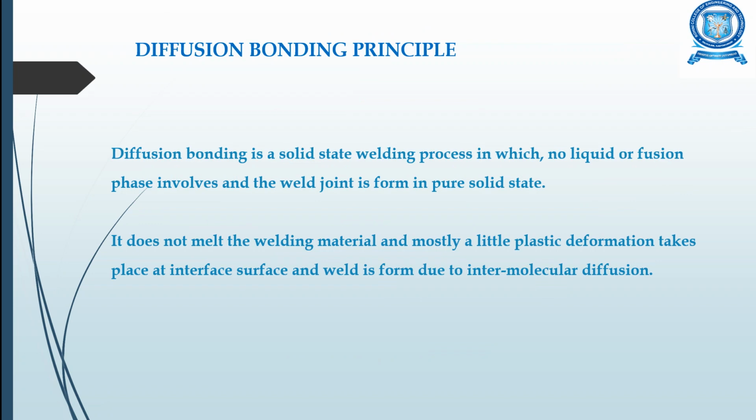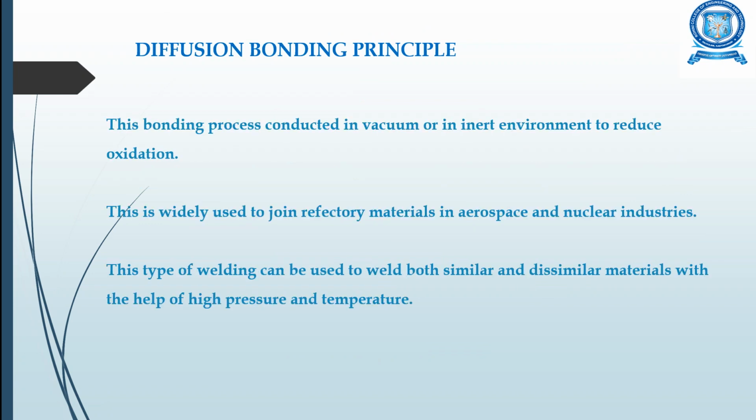And here it does not melt the welding material, and mostly a little plastic deformation takes place at the interface surface. And the weld is normally formed due to the intermolecular diffusion of the atoms.